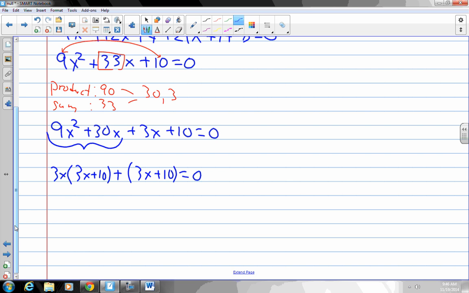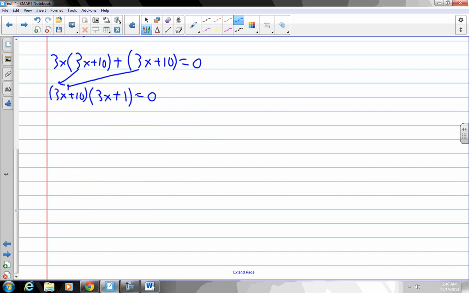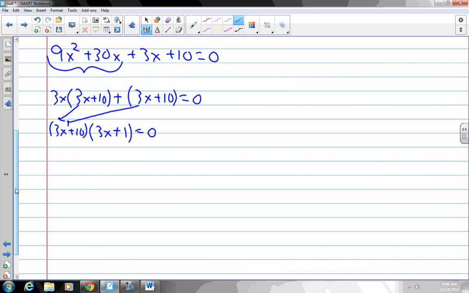Remember that? Factoring by grouping. And then we're going to pull out 3x plus 10, and we're left with another 3x plus the placeholder 1 equals 0. Again, this is a lot of review of what we've done.